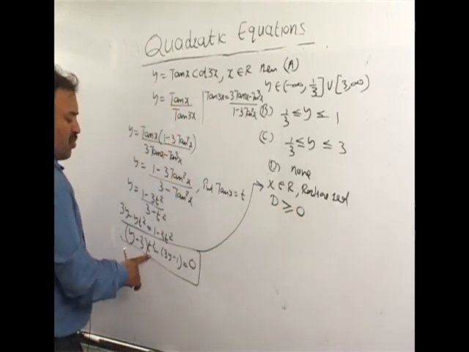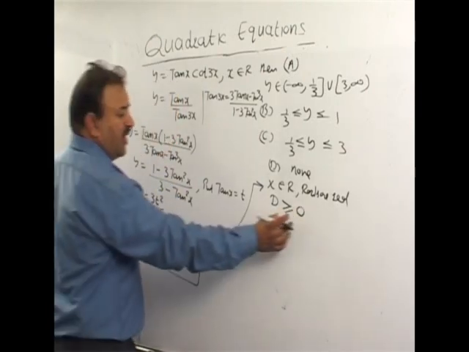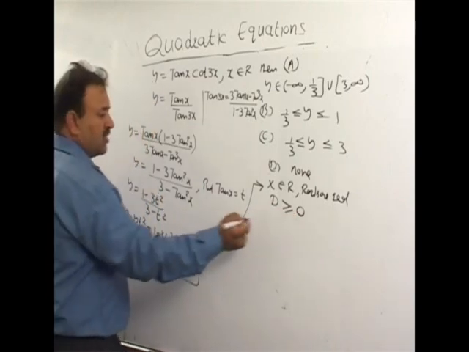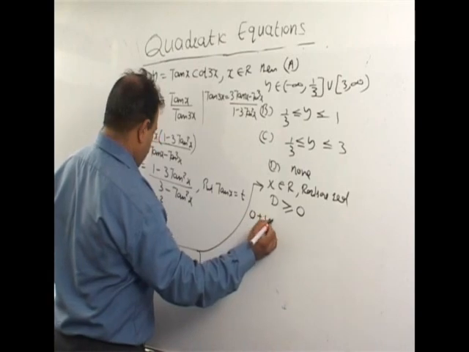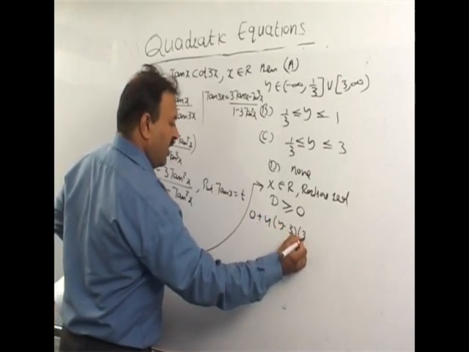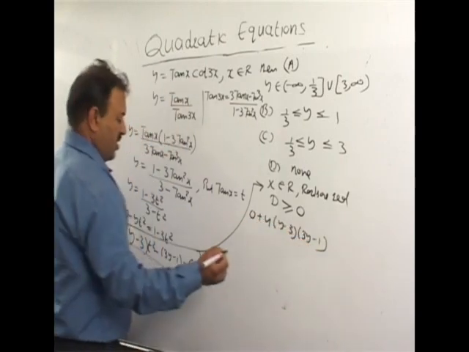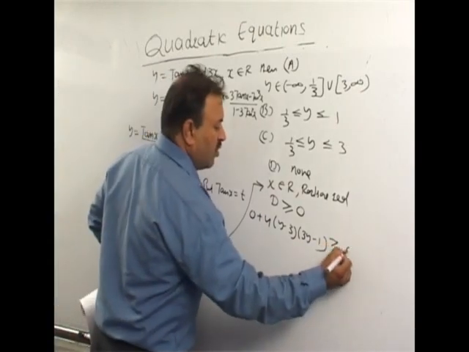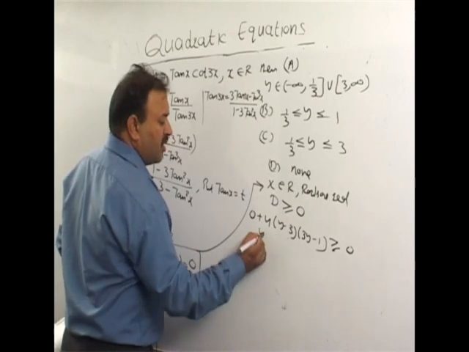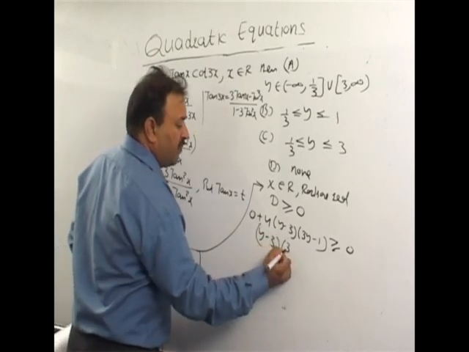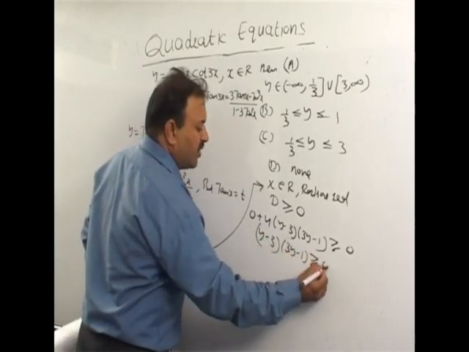That means this is a quadratic in t whose discriminant will be greater than equal to 0. That is, B square is 0, plus 4 into y minus 3 into 3y minus 1, is greater than equal to 0. Now we got y minus 3 into 3y minus 1 greater than equal to 0.